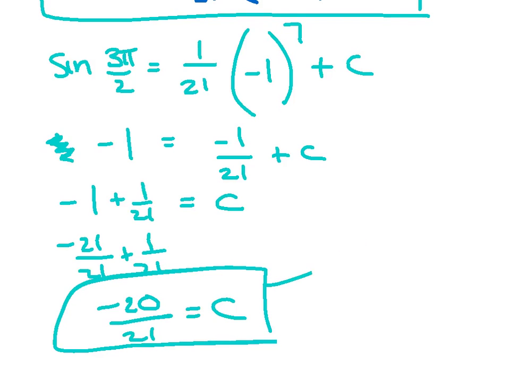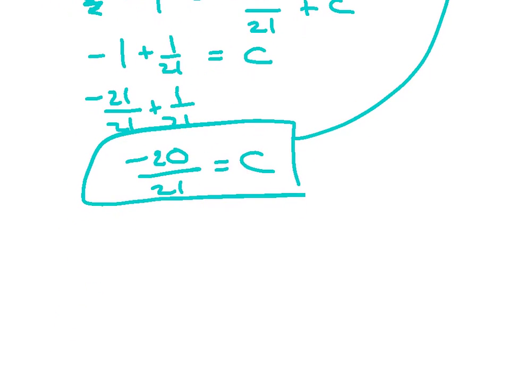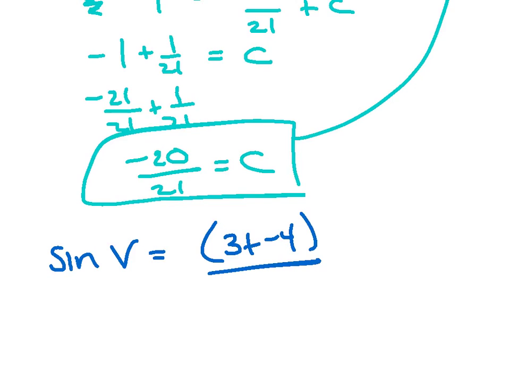So again, still not done. Going to take that and plug that back into that equation. So I should get the sine of v equals the quantity 3t minus 4 over 21, that's to the 7th, and then I'm adding my c value, which is negative 20 over 21. Now remember, you're not done until you solve for v.